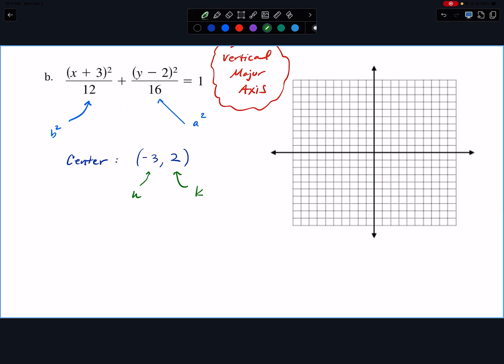To find A makes us happy. A is equal to the square root of A squared. So what is that? 4. B is going to be the square root of B squared, and if you put that into your calculator, it's about 3.46.